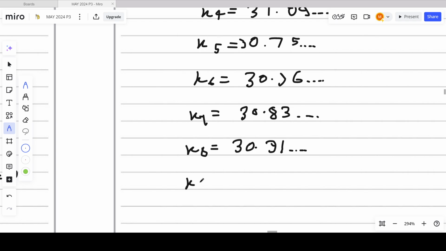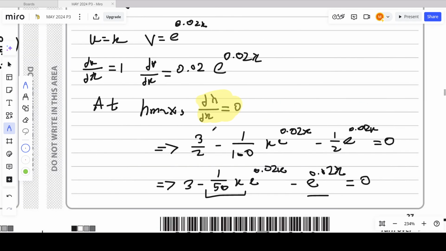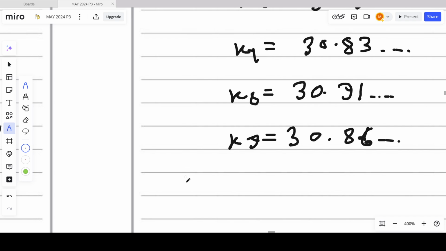Then x9 is 30.86. Okay, we got 30.86, and then how many decimal places did they want to consider? 2 decimal places. So let's find x10. x10 is 30.89. It is getting closer and closer.